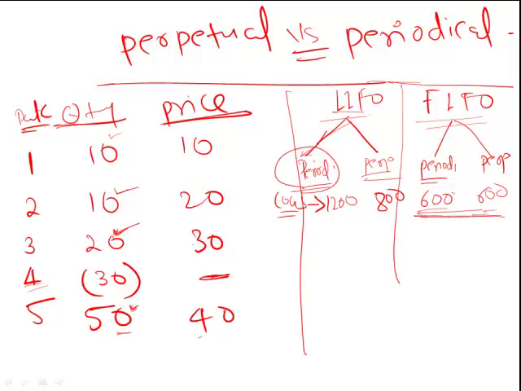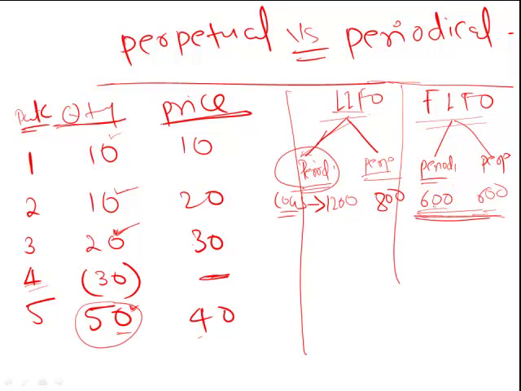I'm making this statement; you should probably spend some time on this when you go back home. You cannot sell something that you don't have. That means when I assume the periodical system in LIFO, I assume that I sold 30 which were acquired from these 50 on the 4th.